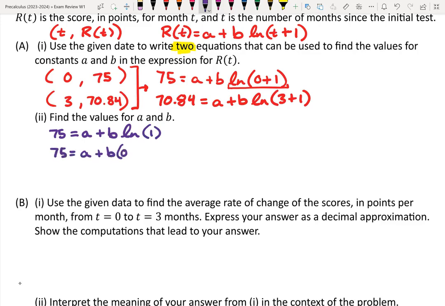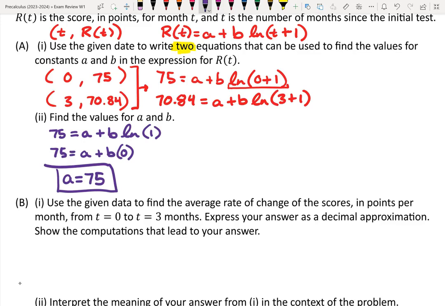So that's b times 0. Well, what's anything times 0? And what are we left with? A equals 75. We just found one of our values that we wanted. Again, just knowing that little feature of our logarithmic functions. Every single logarithmic function, regardless of what the base is, has the point 1, 0.